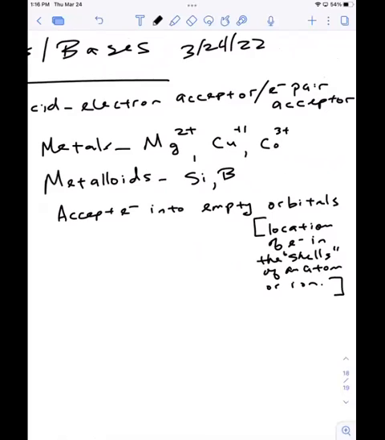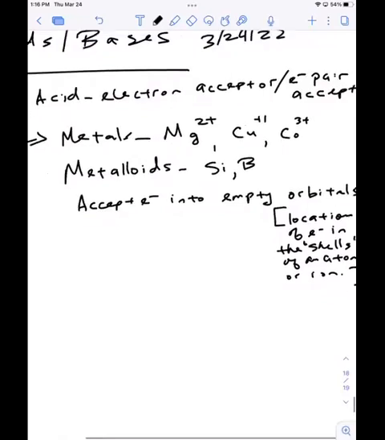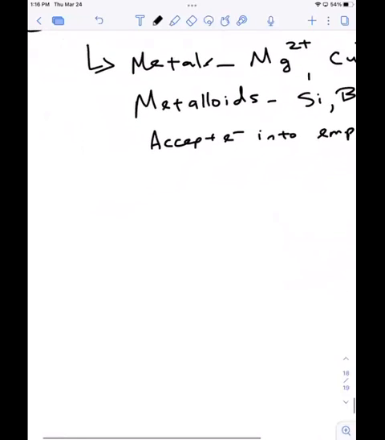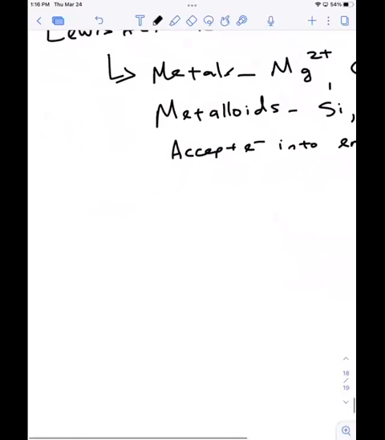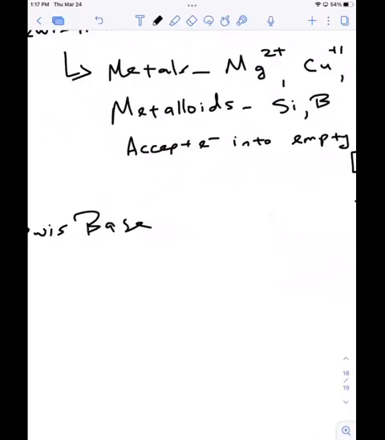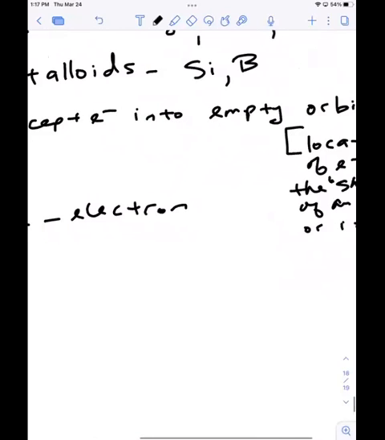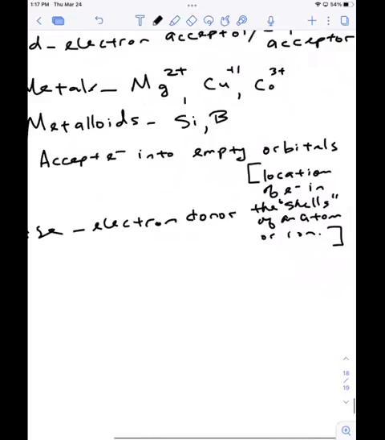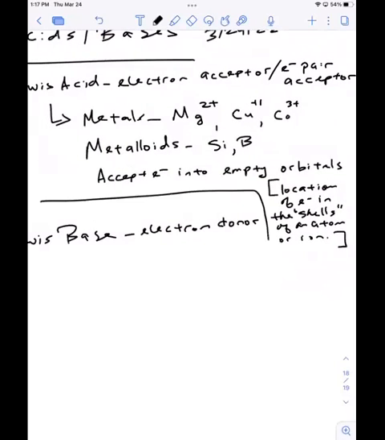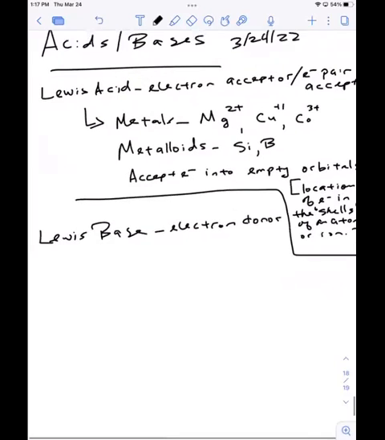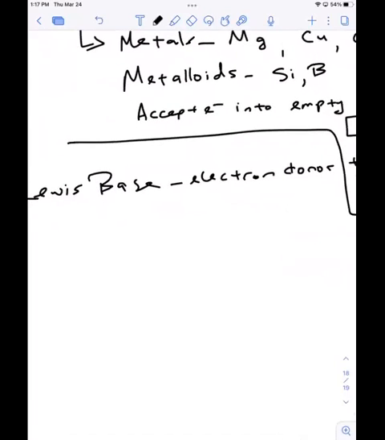And then we have Lewis bases, which is basically the counter to a Lewis acid. So it is an electron donor. Any atom or ion that can donate electrons will be considered a Lewis base.